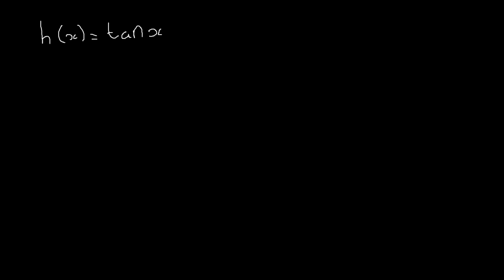Well, we can write tan x as sine x over cosine x. And now we have two functions of x on the numerator and the denominator, so we can now use the quotient rule to differentiate tan x.